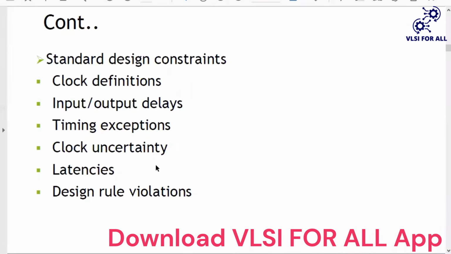PD is nothing but physical design. SD is static timing analysis. One concept is DRC, called design rule check. DRC violations we can see in the physical verification stage. These are the two differences.